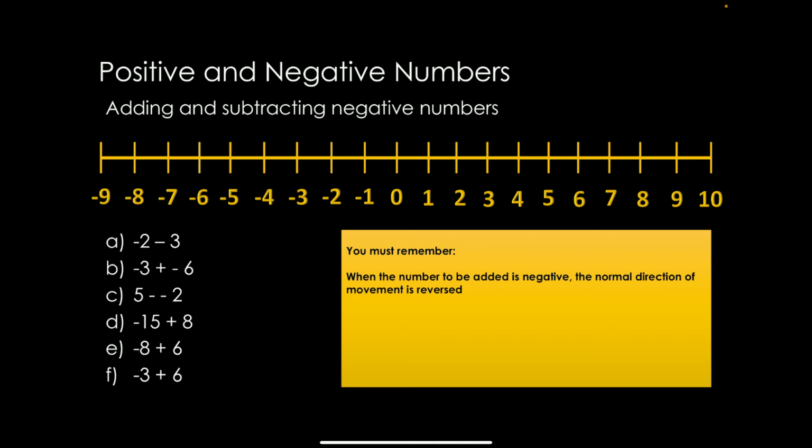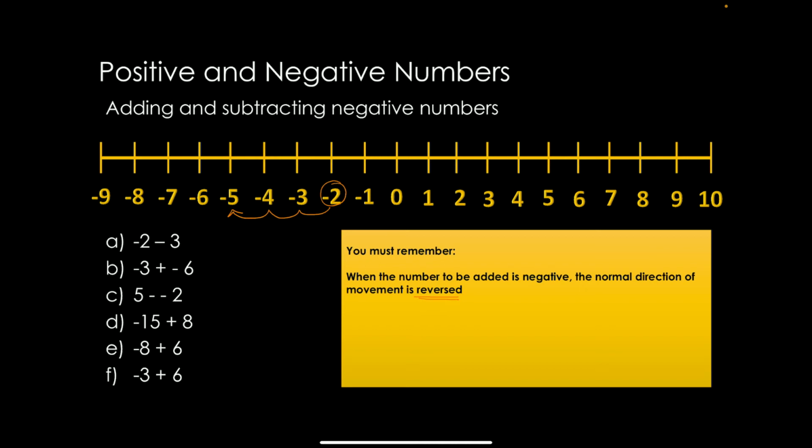So for example, question A, minus 2 minus 3, you're technically doing minus 2 and you're taking away 3, you're going back 3, you're reversing it. You're not adding 3.